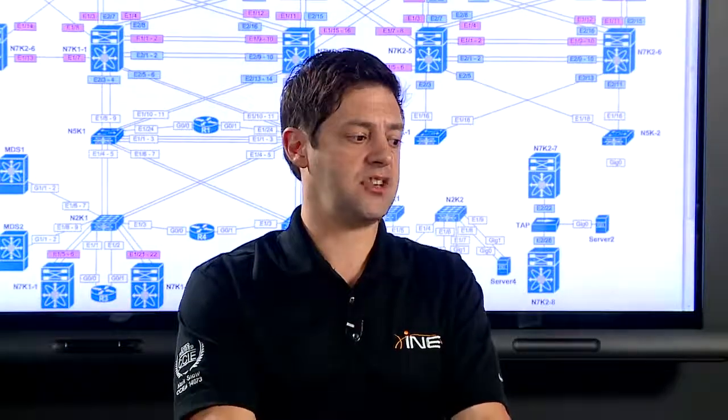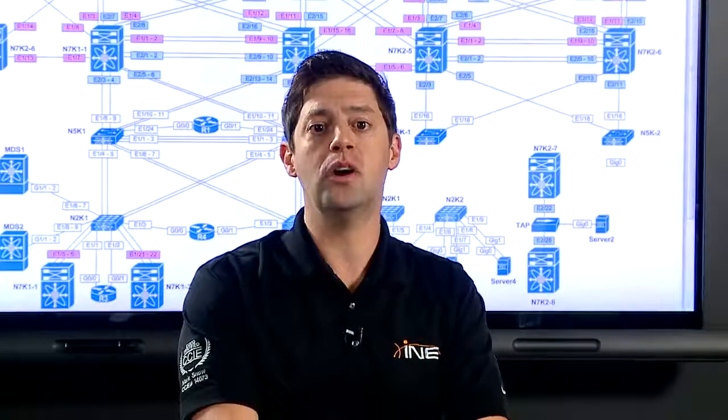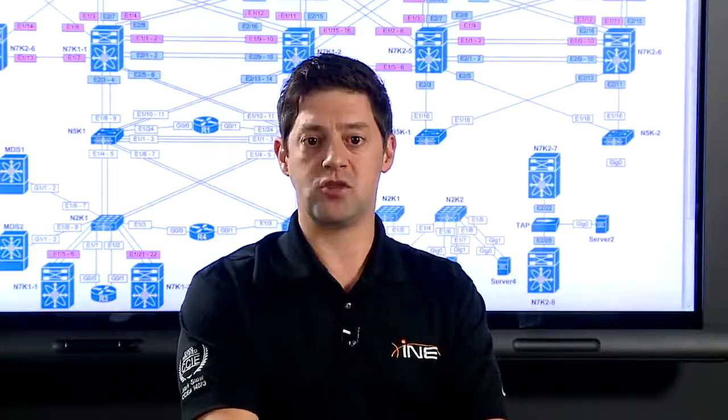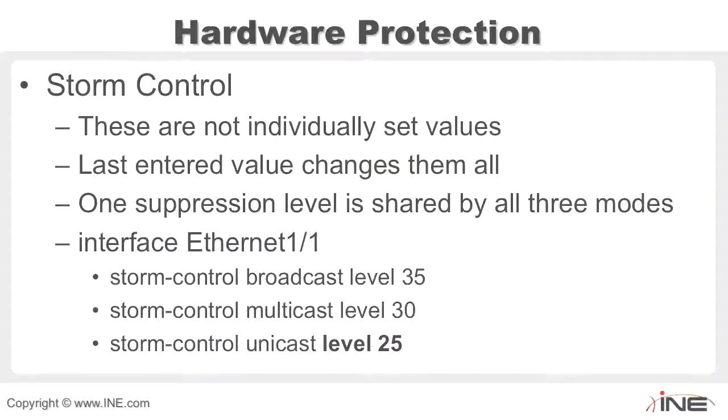And again, if I say storm control unicast level 25% and any one single flow of unicast traffic is taking up more than 25% of the interface, that is going to be the new value. So it's really a single value that is used for all of that storm control.